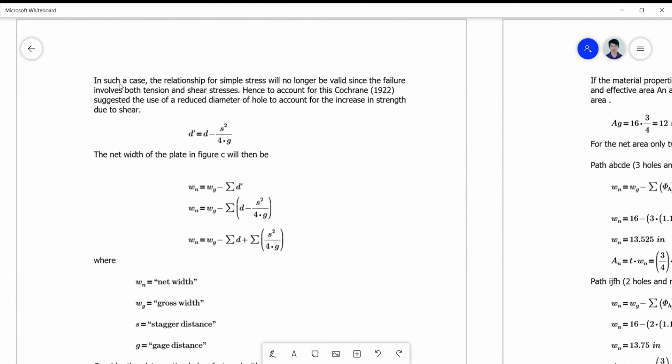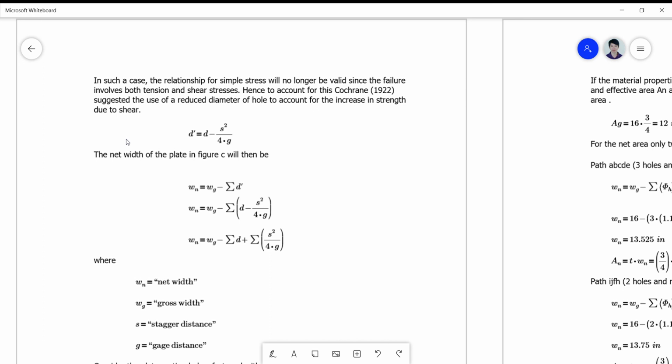So in such a case, the relationship for simple stress will no longer be valid, since the failure involves both tension and shear stresses. Hence, to account for this, Cochrane in 1922 suggested the use of a reduced diameter of the hole to account for the increase in strength due to shear.